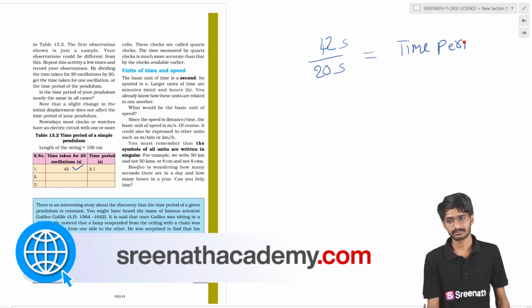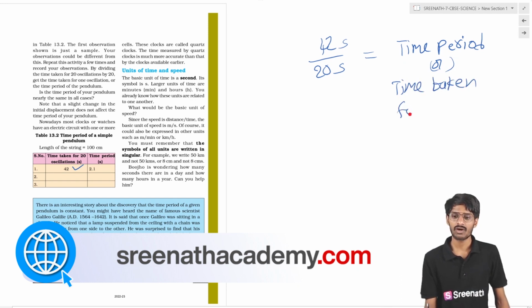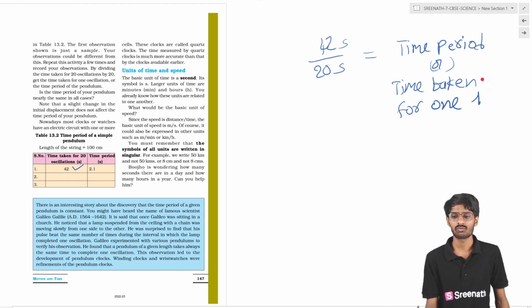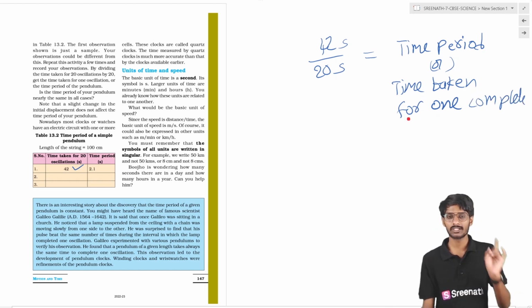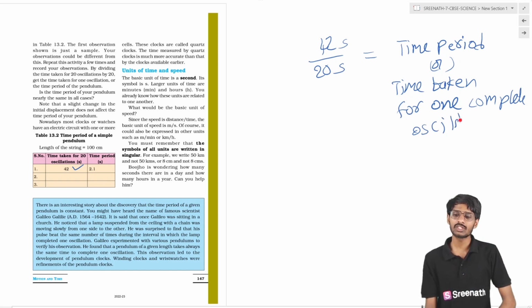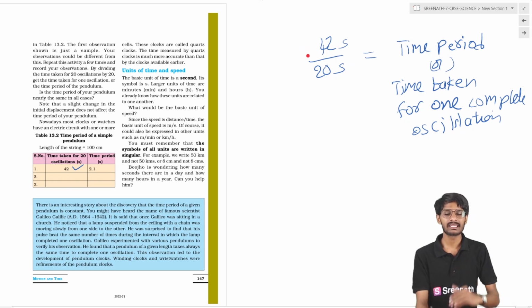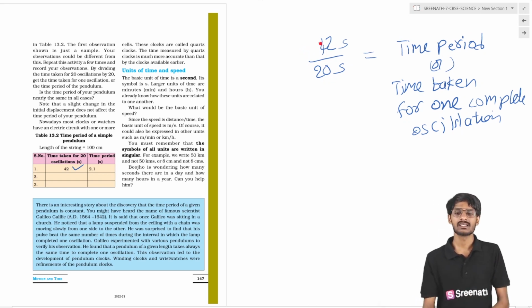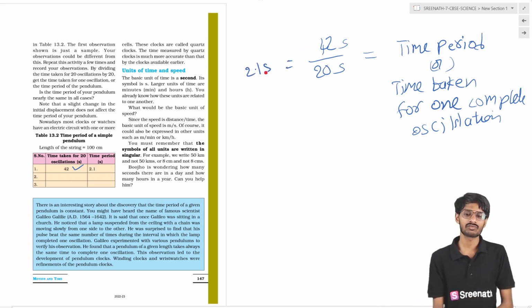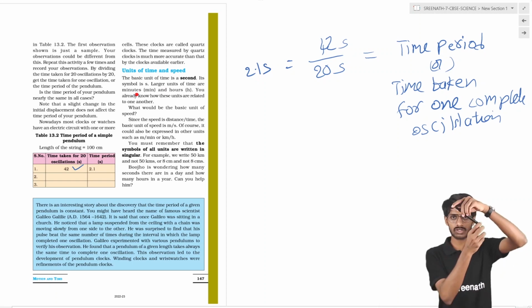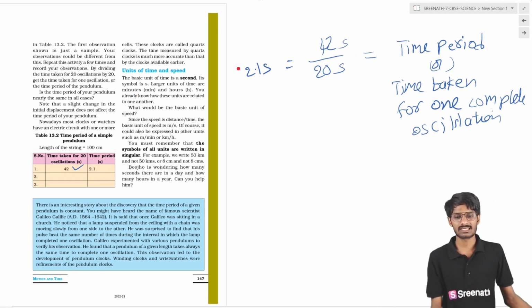Time period is the time taken for one complete oscillation, how much time it takes to complete one oscillation. That value you will get by measuring the time for 20 oscillations and dividing that time by 20. So how much is it? That is almost about 2.1 seconds. So for one complete oscillation, it will take 2.1 seconds, friends.